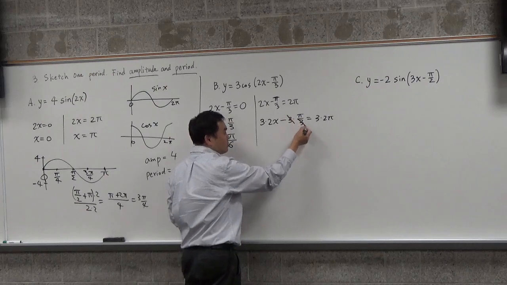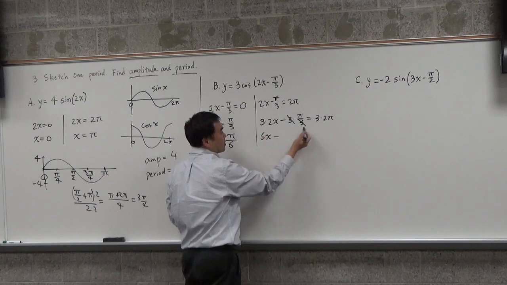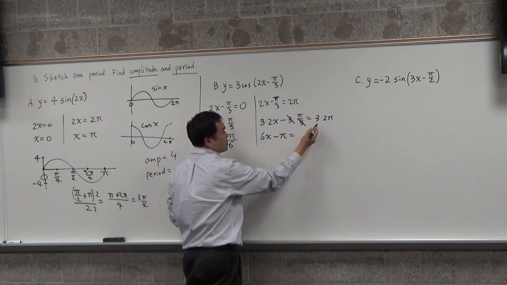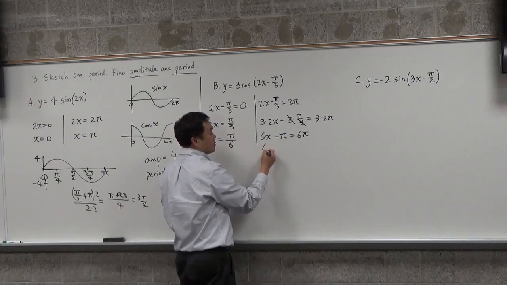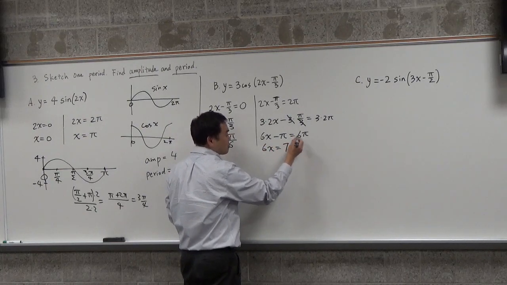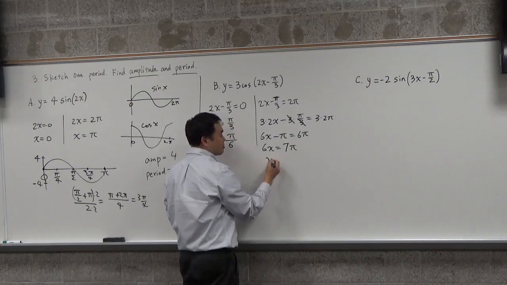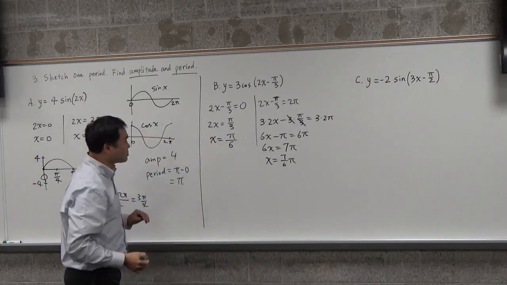So that these two 3's will cancel each other. This will be 6x minus pi, and this will be 6 pi. Now 6x is equal to 6 pi plus pi, which is 7 pi, and then x must be 7 over 6 pi. Okay, good.